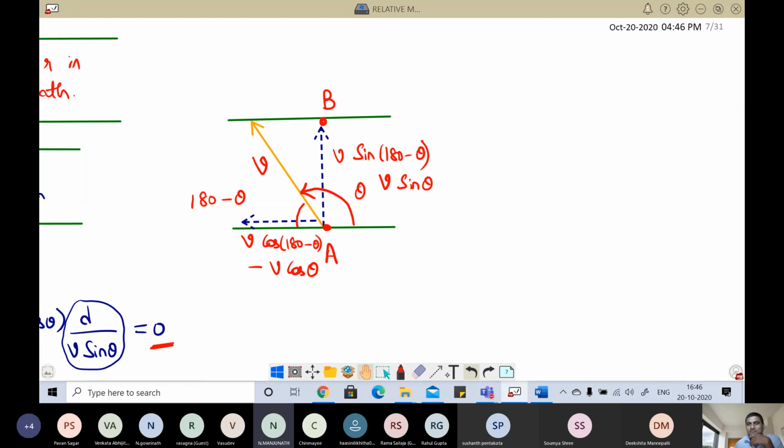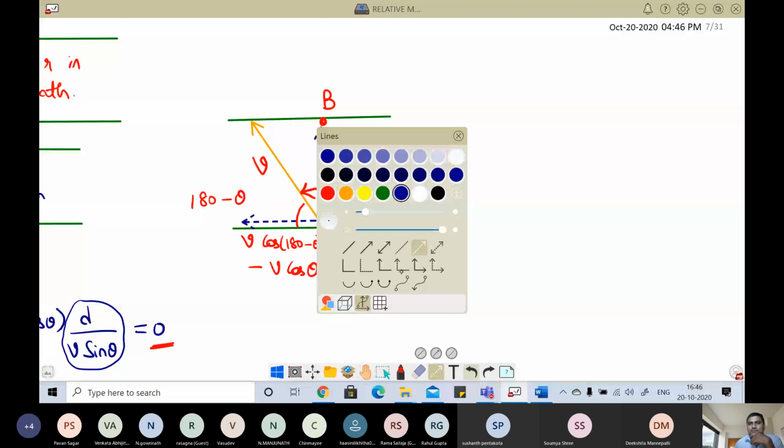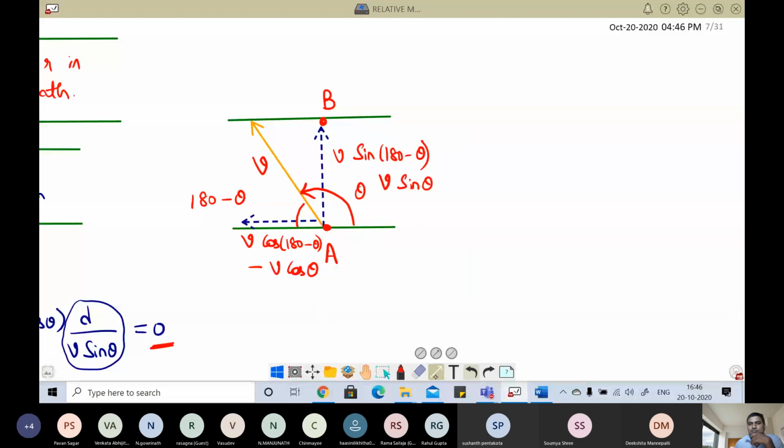So now let us see here. Now I'll take the next one. So now I'll take the diagram method approach. According to the diagram method approach, what I'll do is I'll shift these vectors.